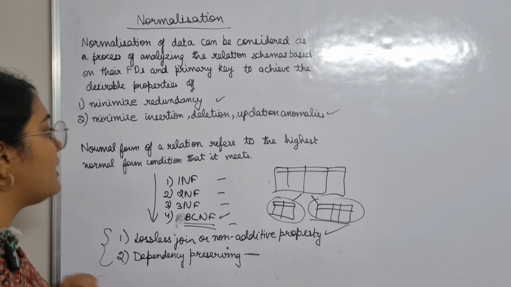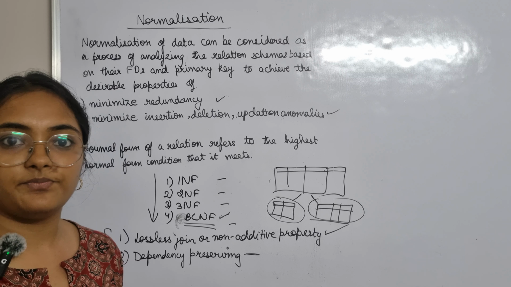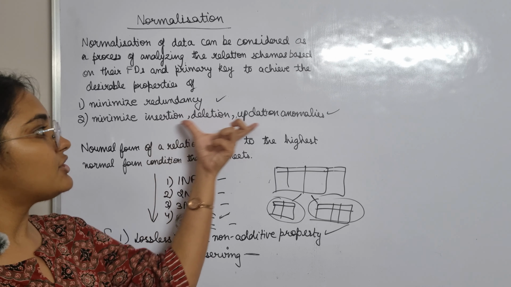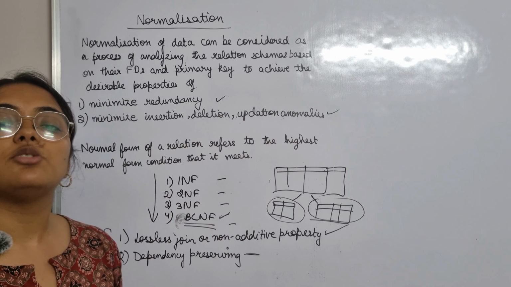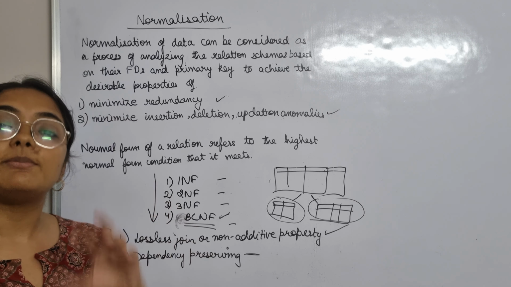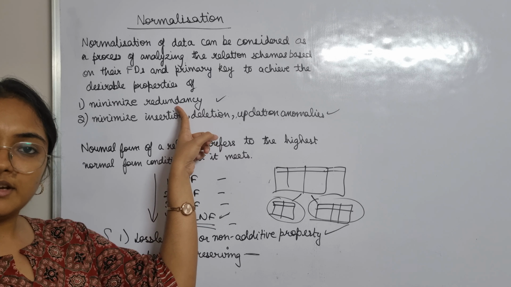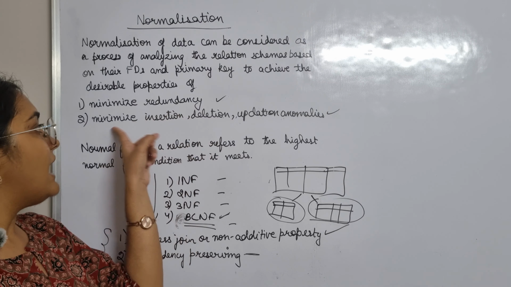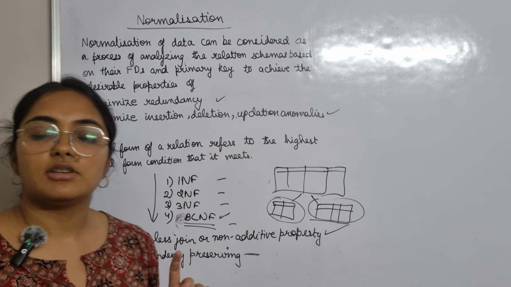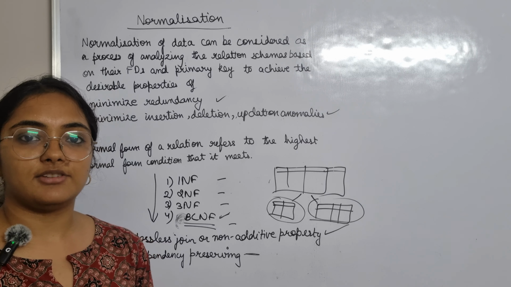Please do watch that. So in order to get rid of these 2 issues, redundancy and insertion, deletion, update anomalies, we do normalization. By testing the relation schemas, we are trying to minimize redundancy and minimize the anomalies.